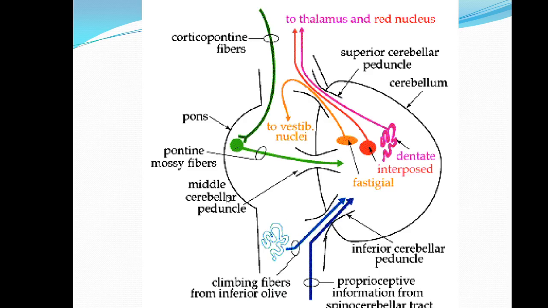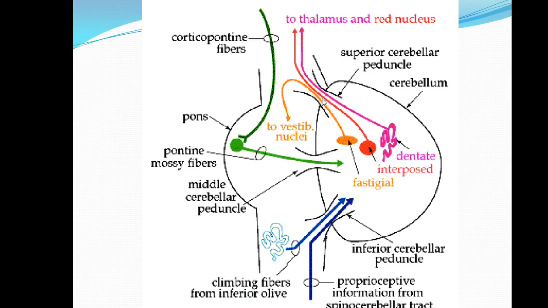Then the middle cerebellar peduncle here you can see it carries the pontocerebellar fibers, which is a part of the corticopontocerebellar pathway. Corticopontine fibers coming from the cerebral cortex, terminating on the pontine nuclei, and the efferents pass to the cerebellum through the middle cerebellar peduncle.